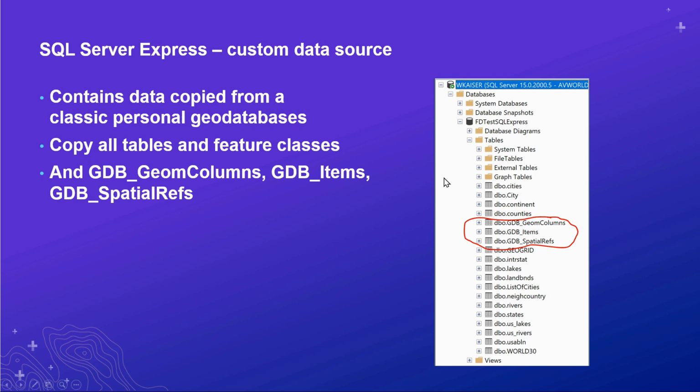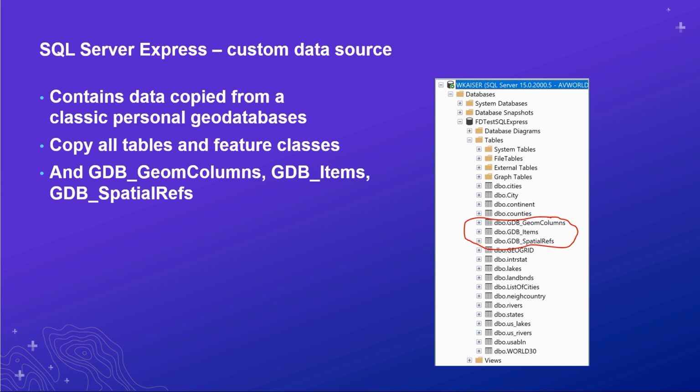So here again, a little summary of what I did with the SQL Server Express data, that you can download from our community samples. In essence, I copied the data from a classic personal geodatabase into SQL Server. SQL Server has little wizards that help you to do that.